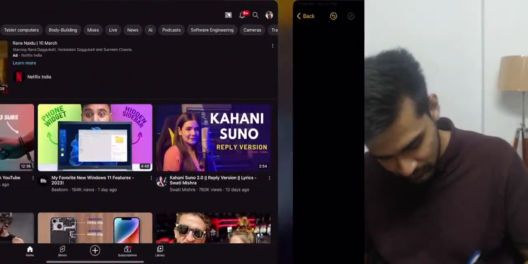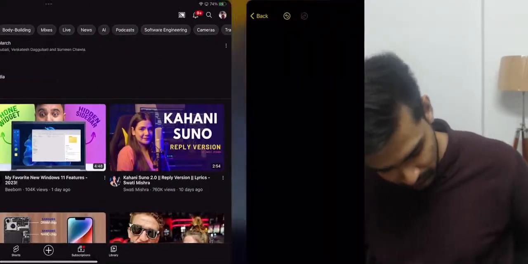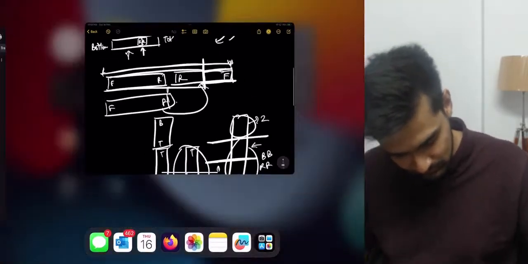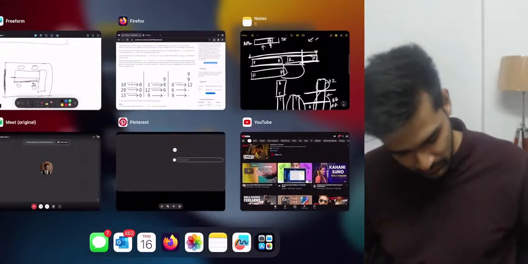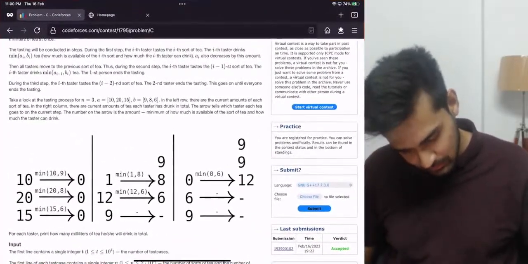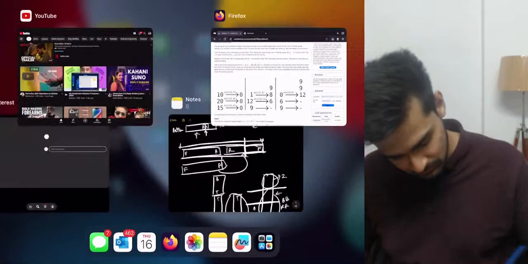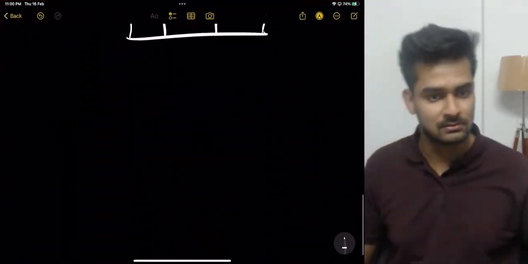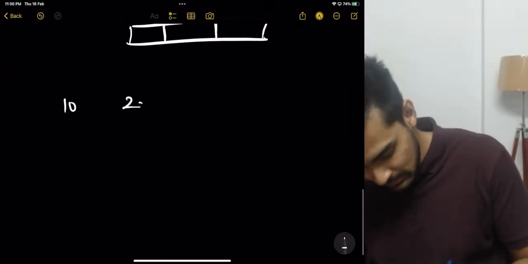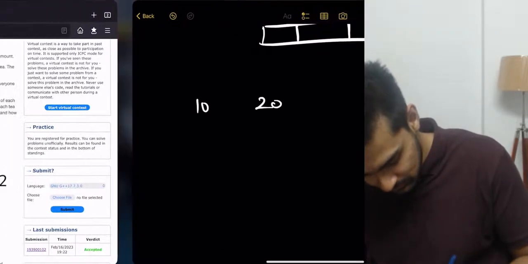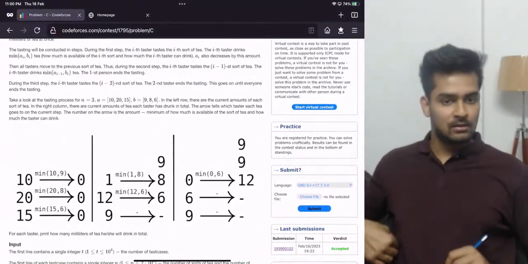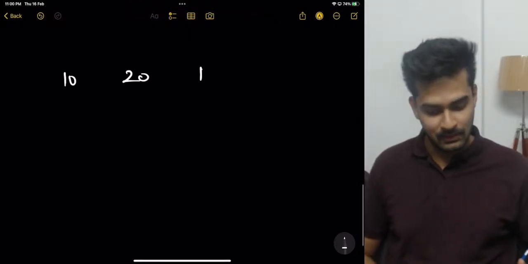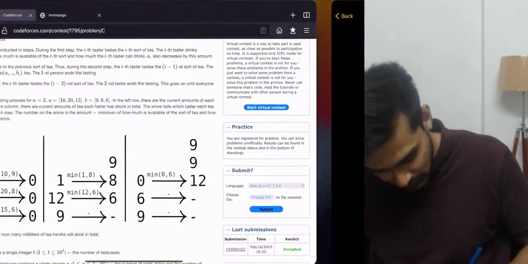Okay, so we have 10, 20, and what was the previous one? 10, 20, 15. Then we had 9, 8, and 6. Okay, these are teas and these are tasters. On the very first day, I'm writing 1, 2, and 3.